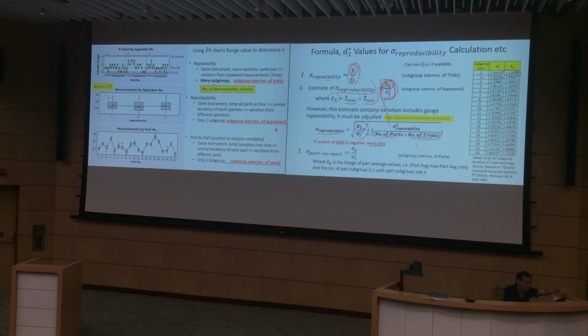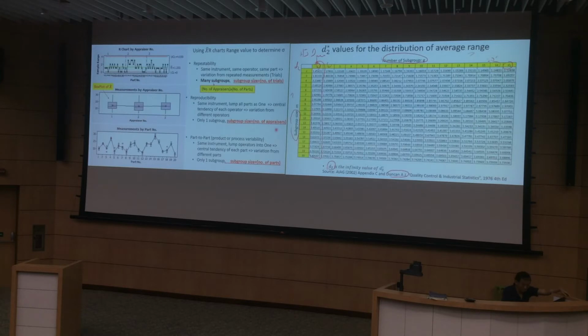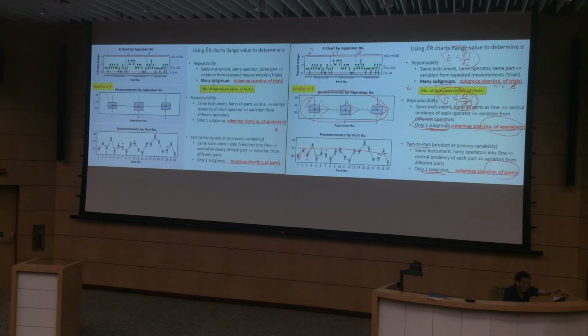Okay. Then on the part to part, this is the section we deal with. We have only one subgroup because we have only 20 samples, and then we have readings. For example, the sample size is the number of parts.